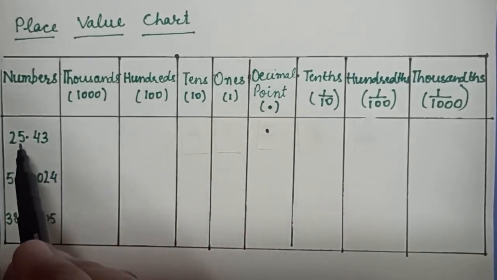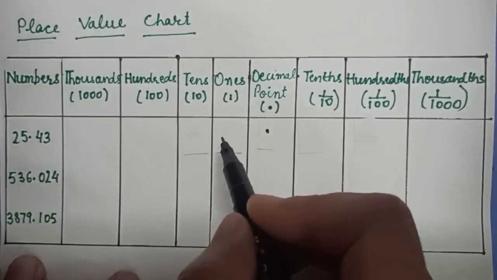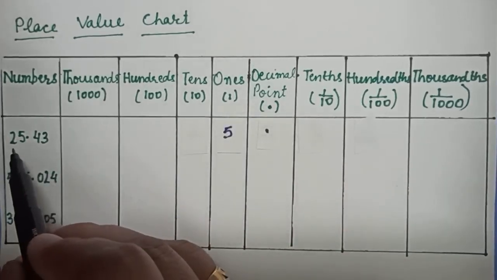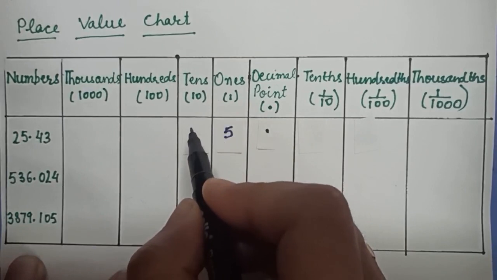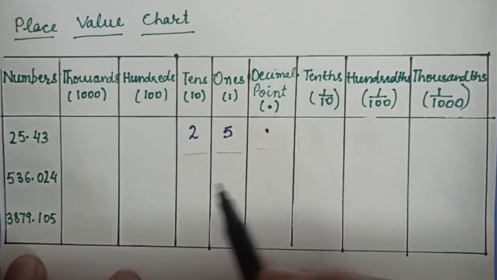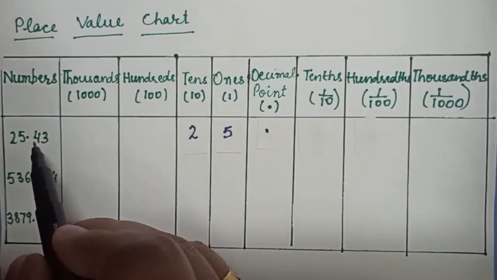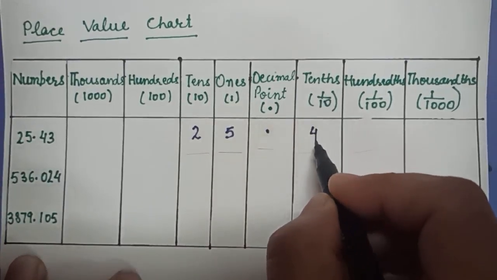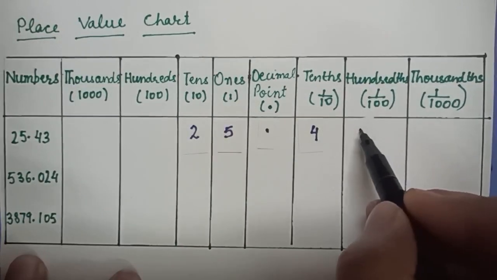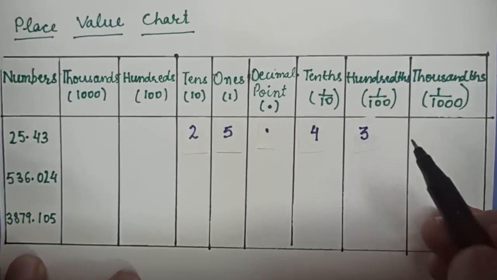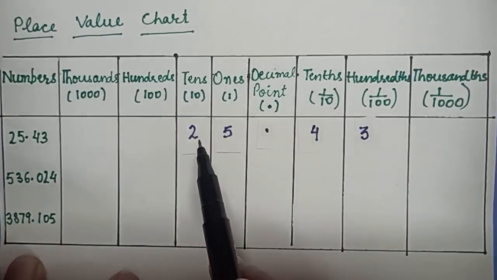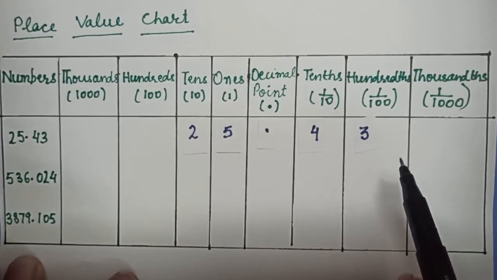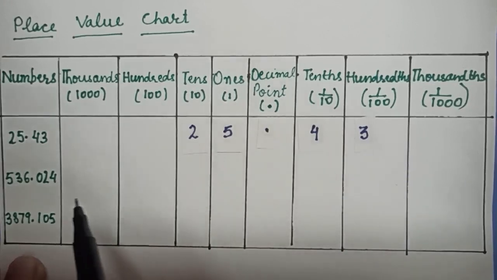Then 5 is at ones place, so I will put 5 at ones place. 2 is at tens place, so we will put 2 at tens place. Then 4 will be at tenths place, so we will write 4 below tenths place, and 3 will be at hundredths place. Alright. So this way you are getting here 25.43.